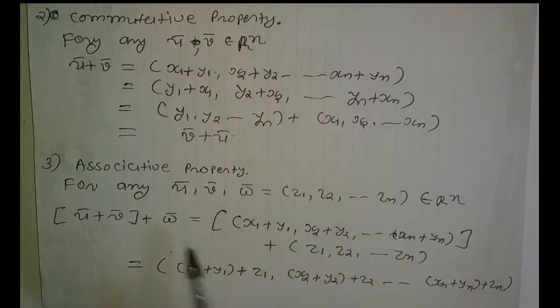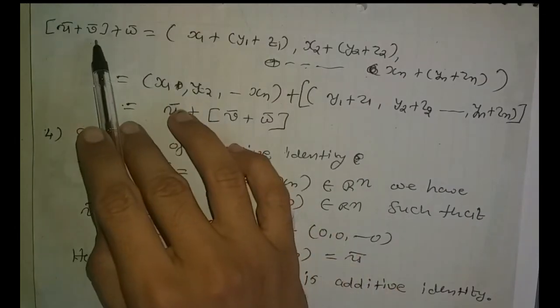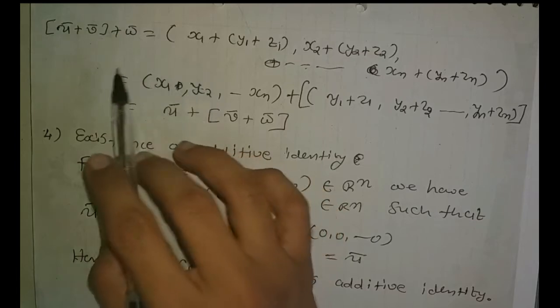Now we add w bar, that is z1, z2, zn, so that we get the vector x1 plus y1 plus z1, x2 plus y2 plus z2, xn plus yn plus zn. Now addition is associative in R, not in Rn.